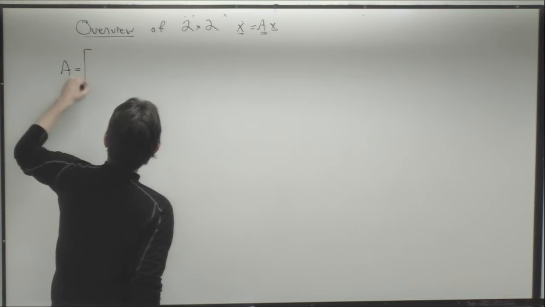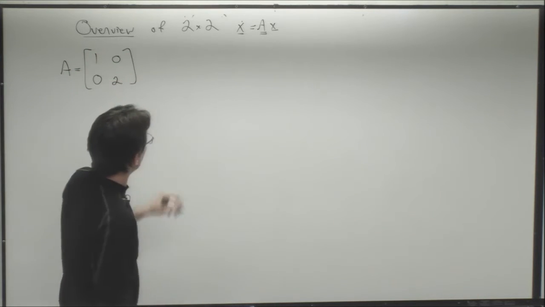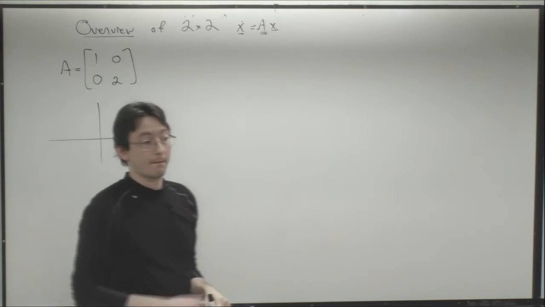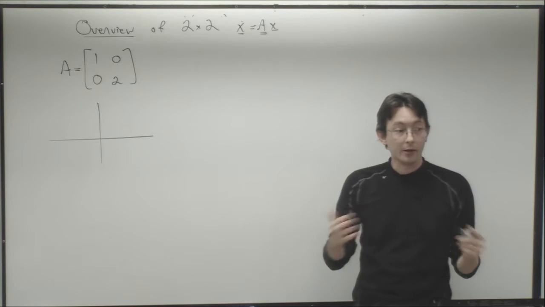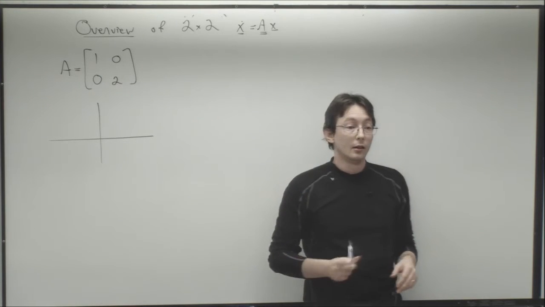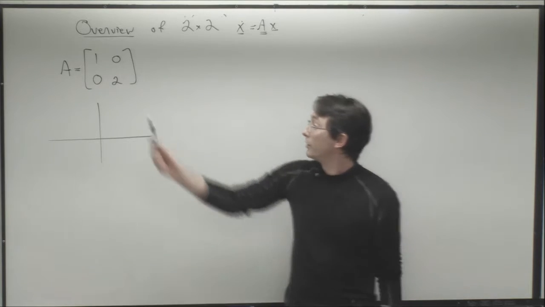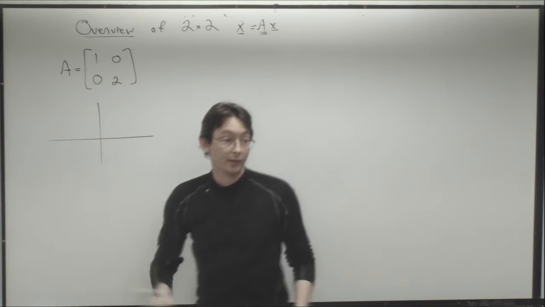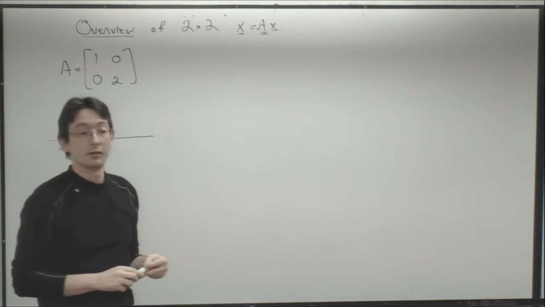So if my A matrix is something like 1, 0, 0, 2, what does that solution look like? It's unstable. How do you know it's unstable? Positive eigenvalues. What are the eigenvalues? 1 and 2. You can always read them off for a diagonal or an upper or lower triangular matrix. What are the eigenvectors?